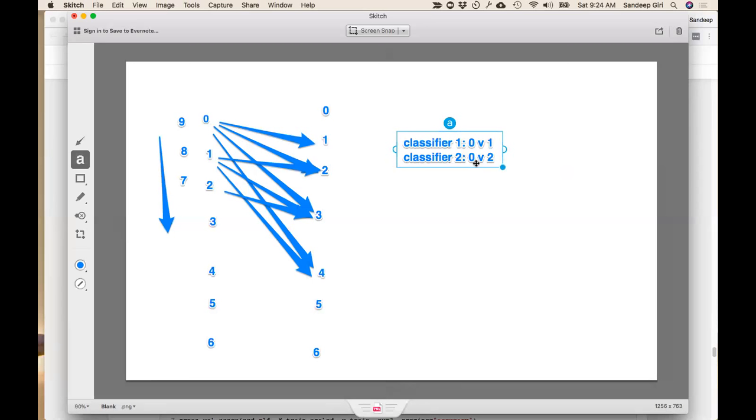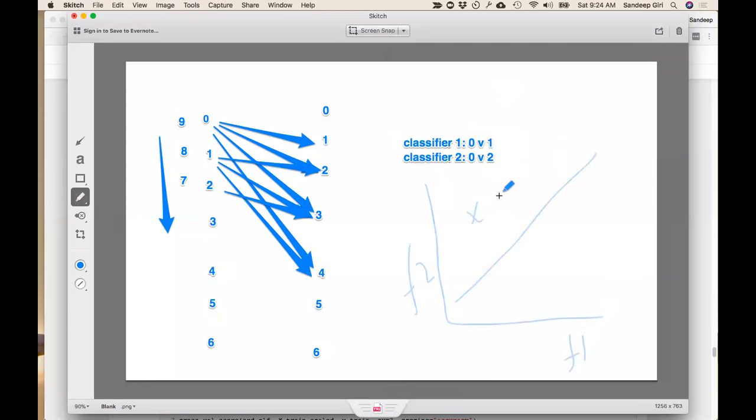All right. So it creates all possible pairs. Okay, it's going to create two classes. The hyperplane will be drawn for all of these, 0 versus 1, 0 versus 2, and so on. And if you think about that graph that we earlier did, say this is our feature 1, this is our feature 2.